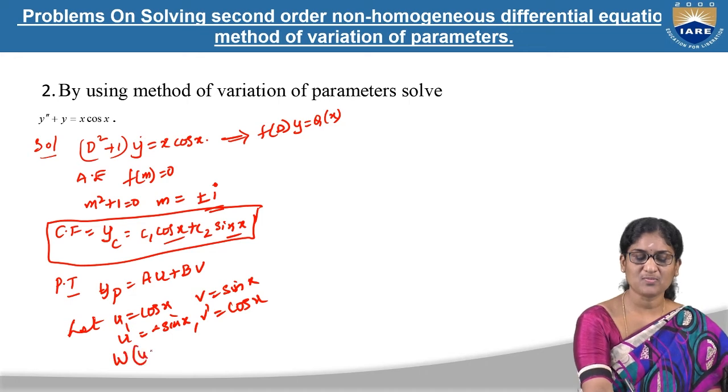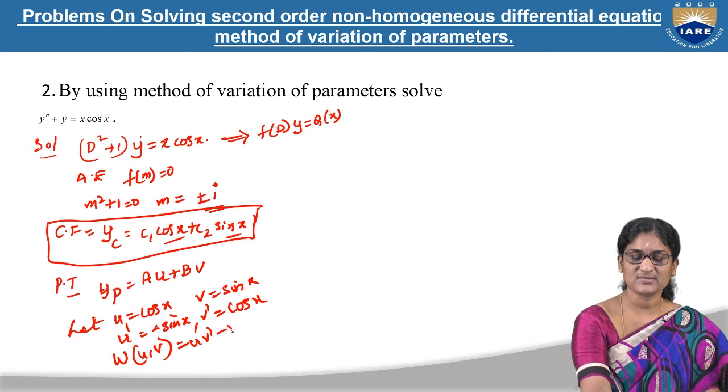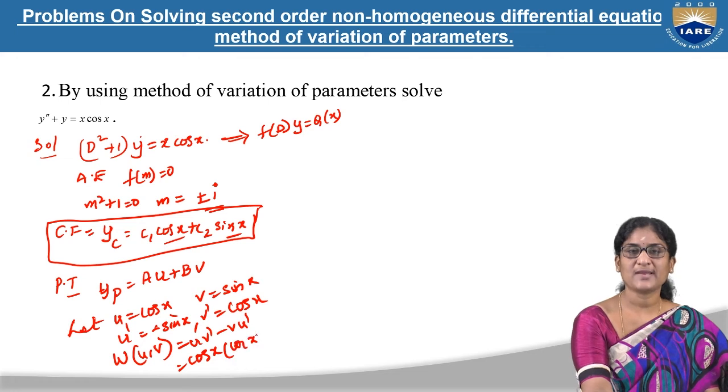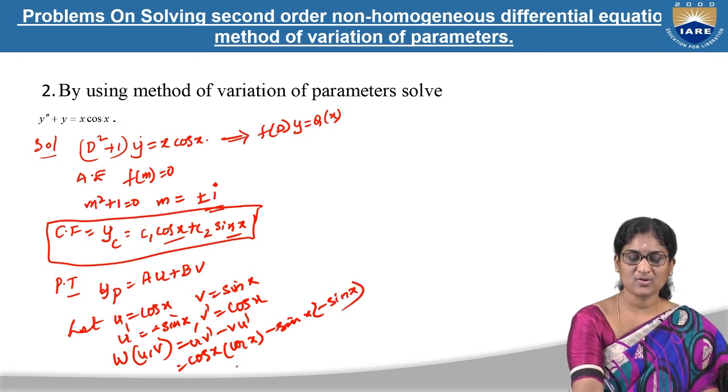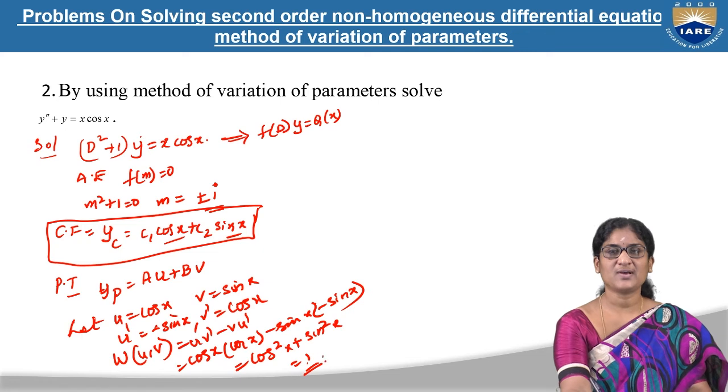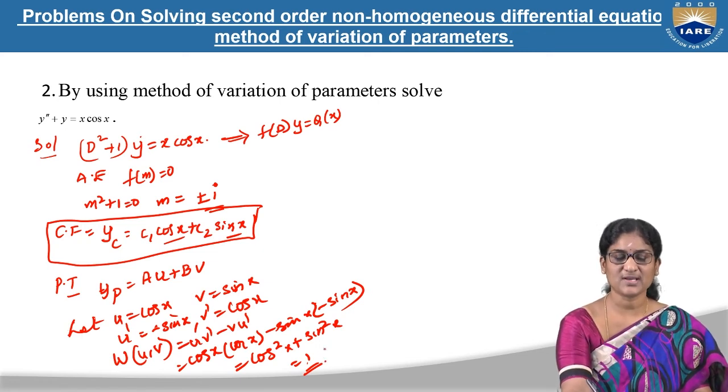The Wronskian function of u comma v can be given as u v dash minus v u dash. That is cos x into cos x minus sin x into minus sin x. Minus becomes plus. So cos square x plus sin square x, which is equal to 1. So we got the Wronskian value as 1.